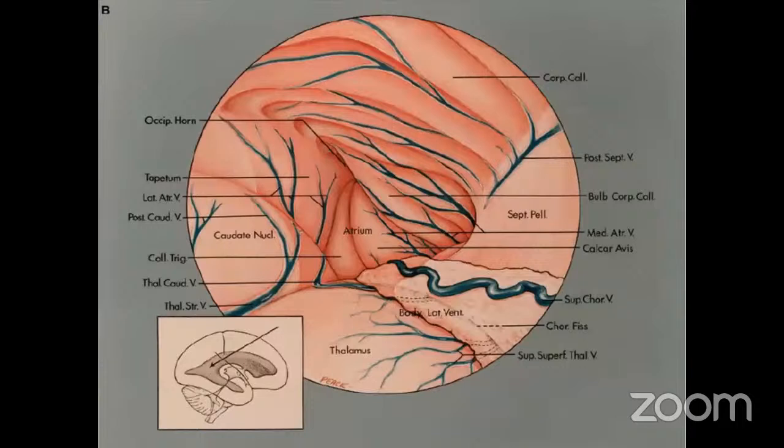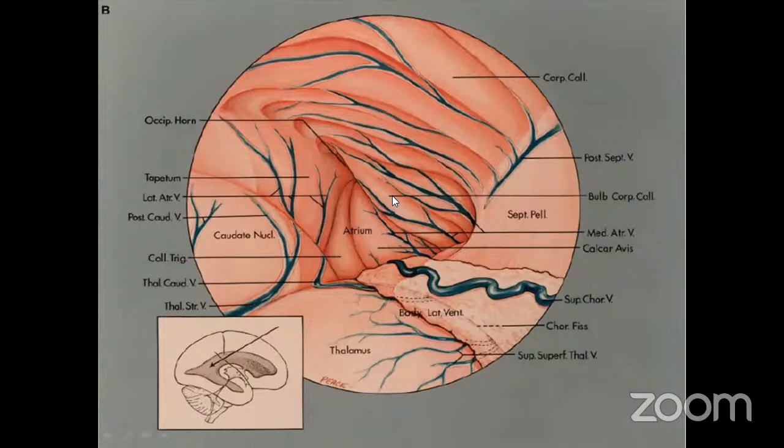This is another image. This is the anterior superior view, and we can follow the arrow in the inset. It depicts the body, atrium, and occipital horn of the lateral ventricle. We can appreciate the calcar avis and bulb of the corpus callosum.